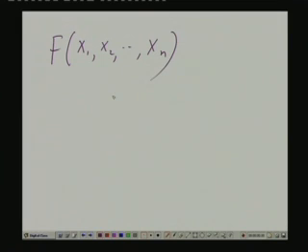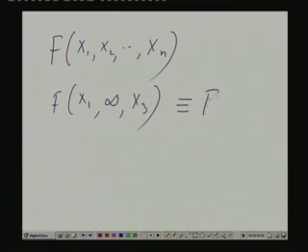Certain more things you can also see. For instance, if you consider the distribution function F, suppose here some of the values I put as infinity. For example, suppose I have got X1, infinity, X3, then my claim is this will be nothing but the joint distribution for just x1 and x3.